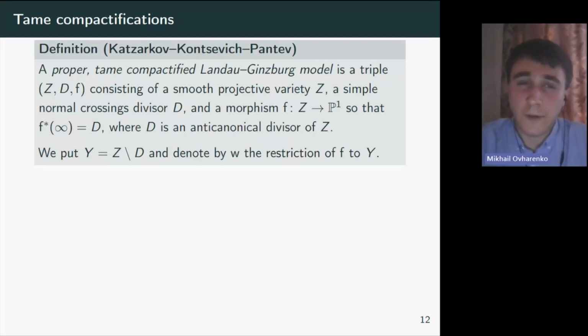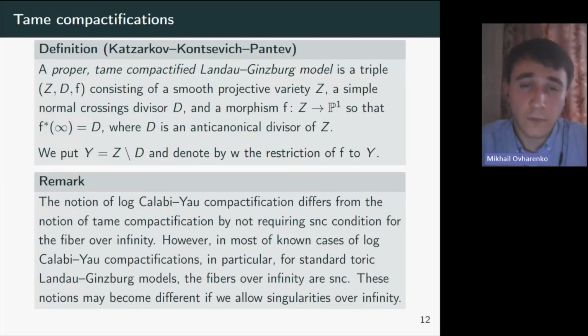And we would define the complement to the fibre over infinity as Y and denote by f_Y the restriction of our morphism f to the open part. And after all, it's almost the definition of a log Calabi-Yau compactification, but it differs from the definition of log Calabi-Yau compactification by the additional requirement of our divisor D to have simple normal crossings.